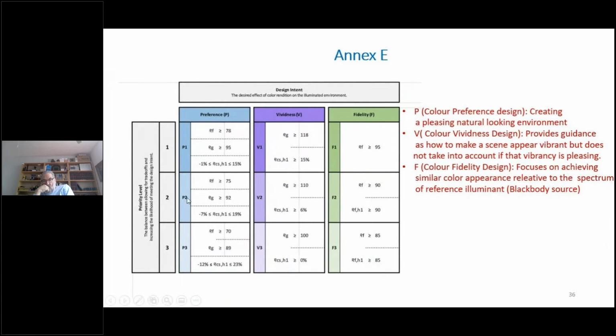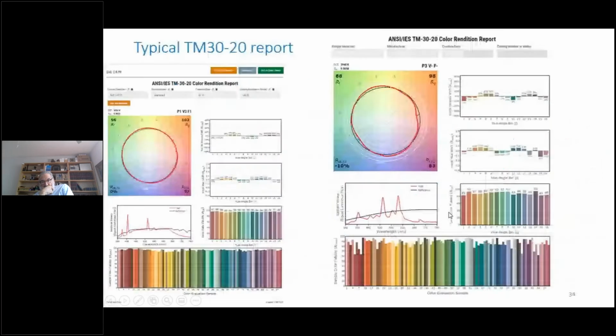And so, for example, here, if your light source's RG is less than 100, it doesn't satisfy vividness, so it'll be a V minus. Or in this case, if your RF is less than 85, it doesn't satisfy fidelity, so it'll be an F minus. So that's how we get these PVF parameters that are on the top right corner.